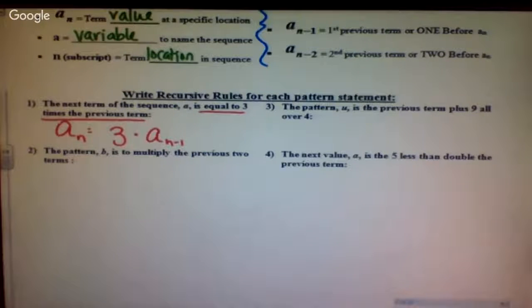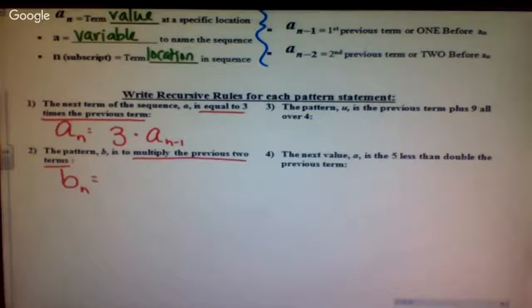Okay, so number 2, the pattern B. Now instead of calling my sequence A, we're going to use B sub n, because that's what tells me my sequence is. It's labeled as B. It tells me I need to multiply the previous 2 terms, B sub n minus 2 times B sub n minus 1.